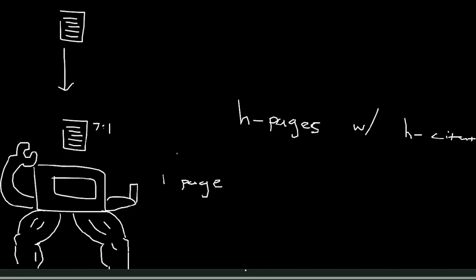So far, a possible value is going to be 1. We have 1 page, and so far we have 7 citations, which is at least 1. So that value satisfies our statement here.